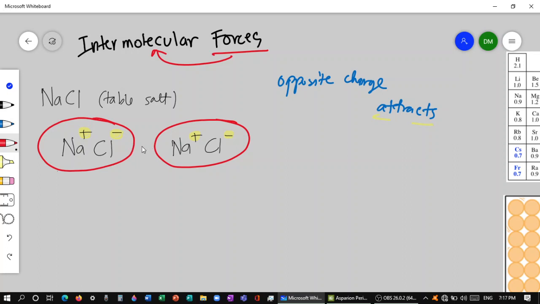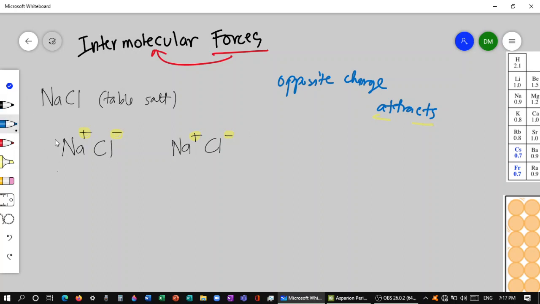Are they attracted to each other? Well, as you observe here, there is a point of attraction. On this part, it's the positive side, and this one is negative. Opposite charges attract, so these will be attracted to each other. There is an attractive force on this part.